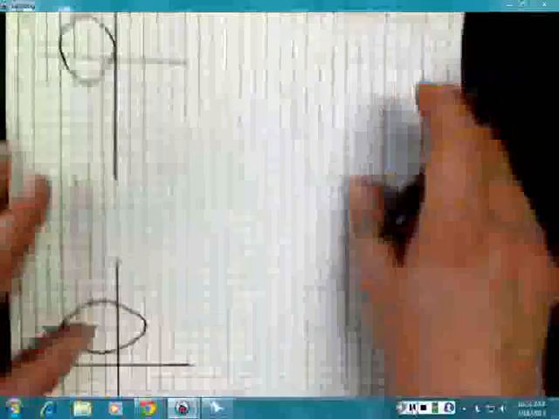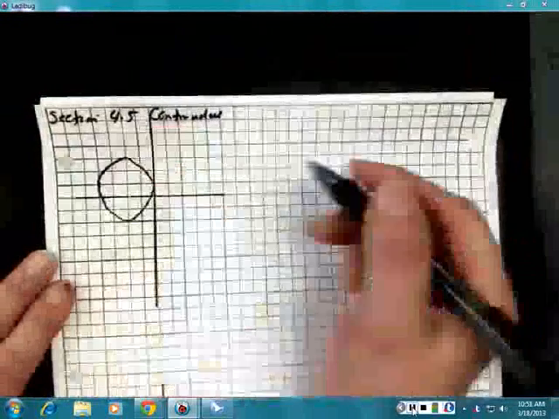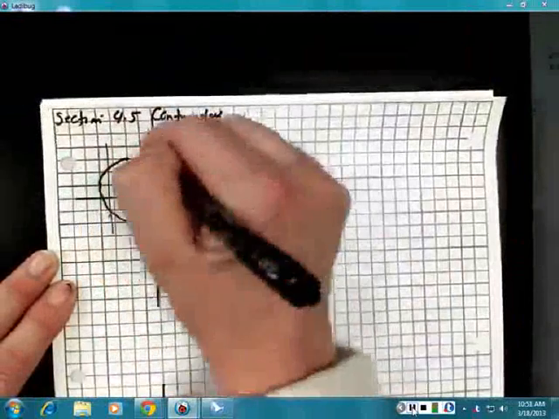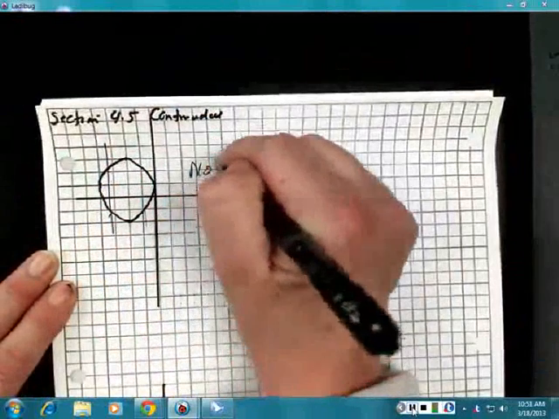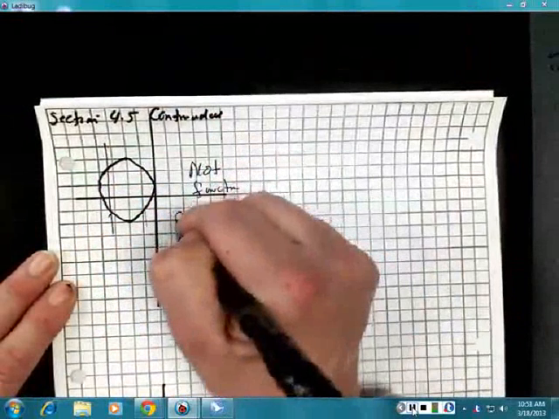Then the circles. Finally, we're getting to where we're talking about something that you asked about. If you've got a circle, is it a function? No. If I do my vertical line test, it's touching in certain spots, so it is not a function. But what is its domain?